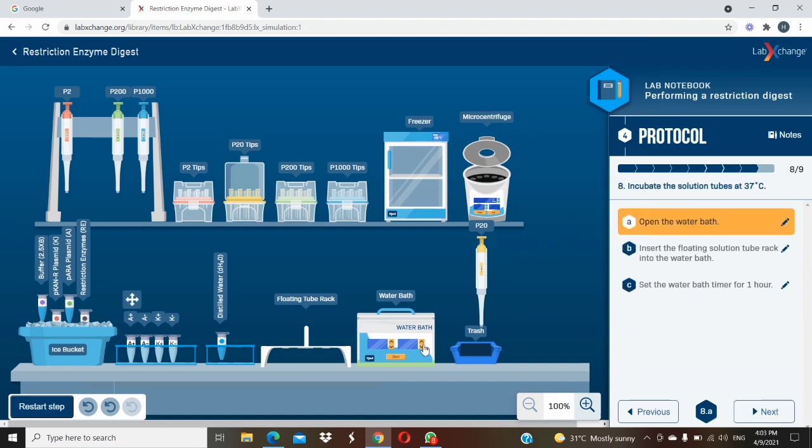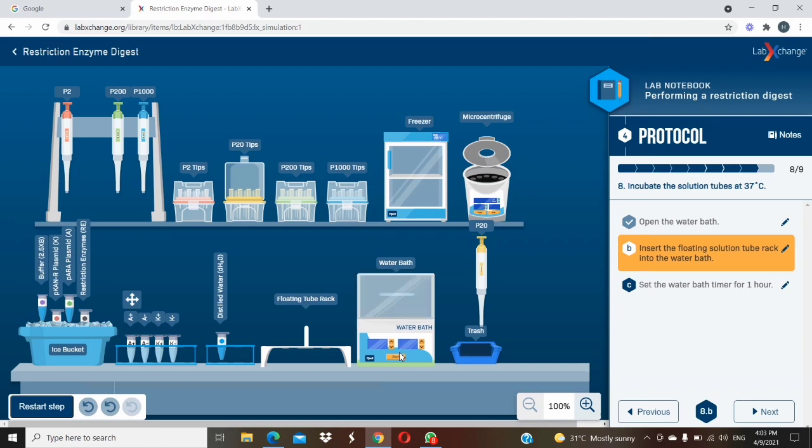Next, open the water bath. Then insert this. Keep all the 4 tubes here.